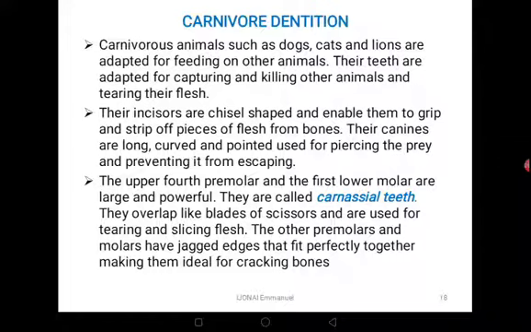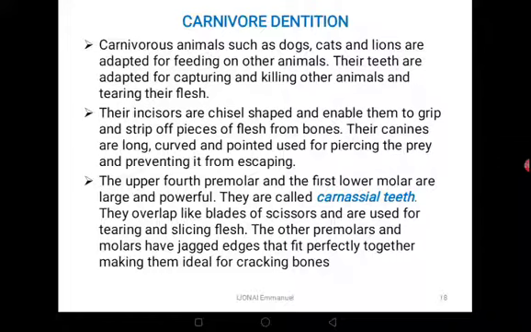They are called the carnassial teeth. They overlap like blades of scissors and are used for tearing and slicing the flesh. The other premolars and molars have jagged edges that fit perfectly together, making them ideal for cracking the bones.